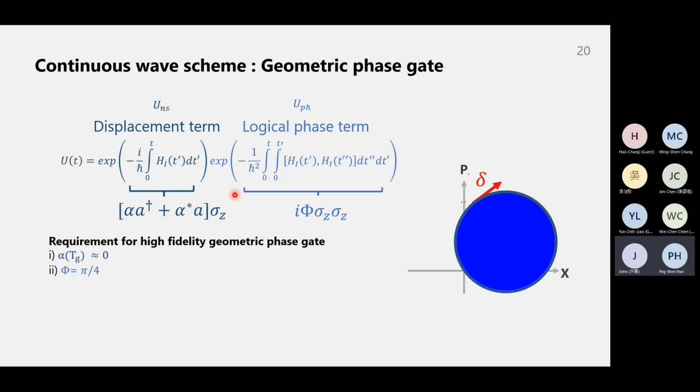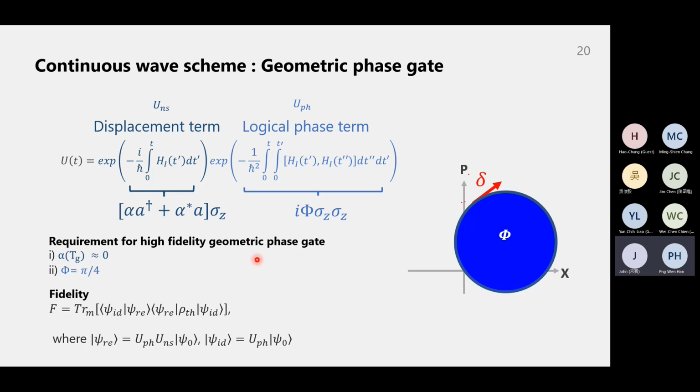So for a high fidelity gate, we would want these A functions to be turned on during the gate operation. And once it's finished, immediately at the gate time, we want it to be 0. In the meantime, this phase can be accumulated to pi/4.